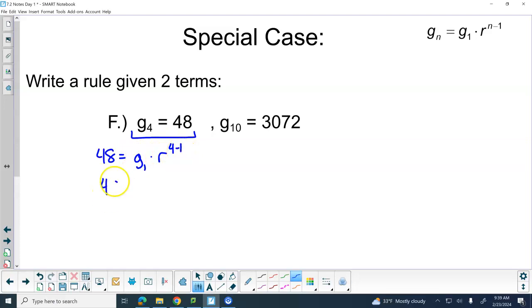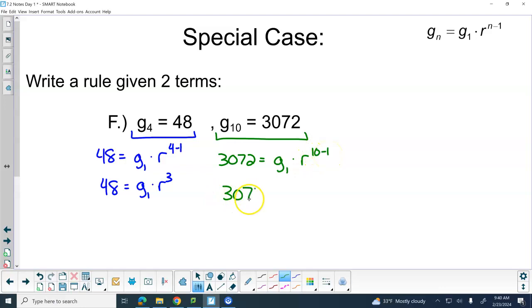So that's going to be 48 equals g sub 1 times r cubed. Okay. What else do I have to do in step number 1? The other one? 3072 is going to equal g sub 1 times r to the 10 minus 1 power. 3072 is going to equal g sub 1 times r to the 9th power.